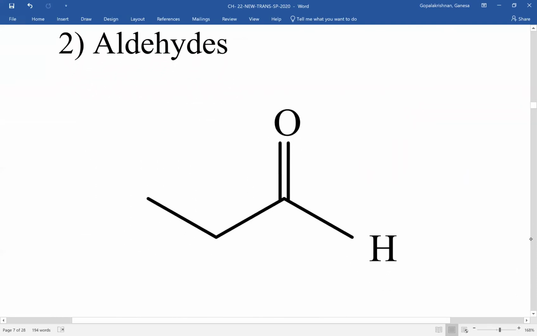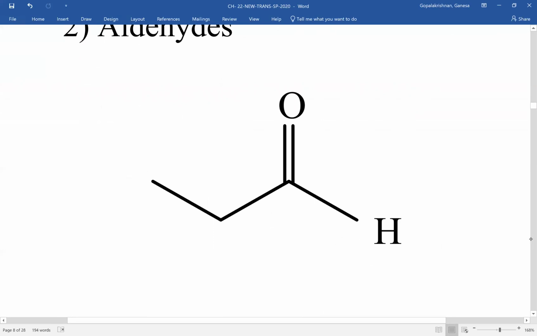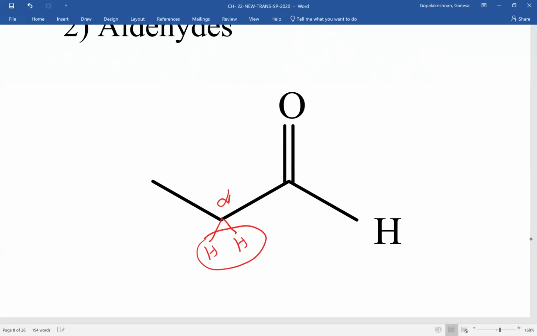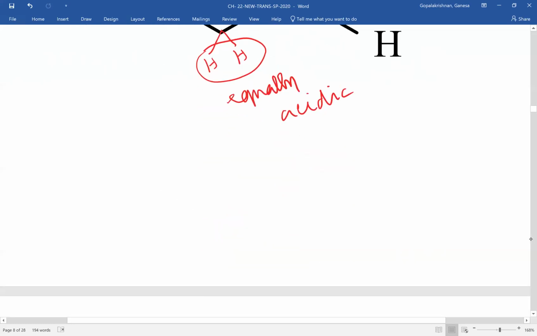But if you take aldehydes, they have one set of alpha hydrogens, and they will be equally acidic because they are present on the same carbon. They experience the same amount of the minus inductive effect from the carbonyl.